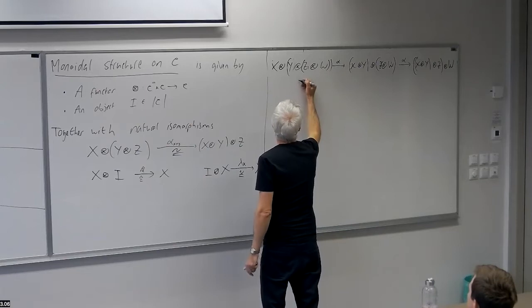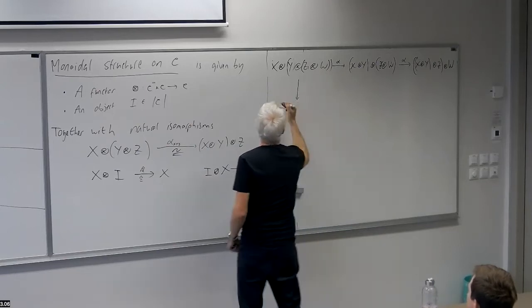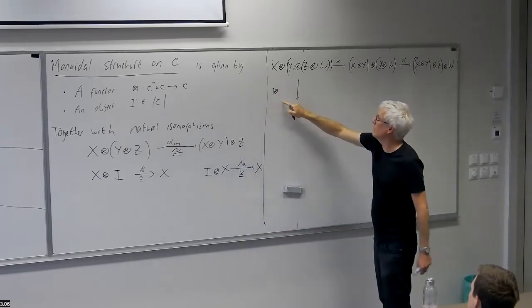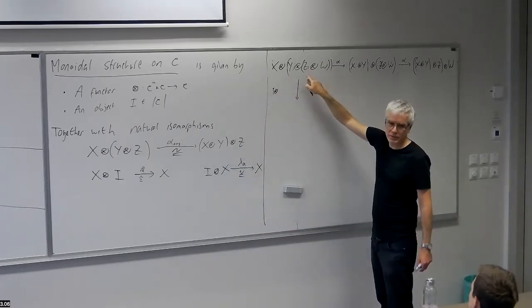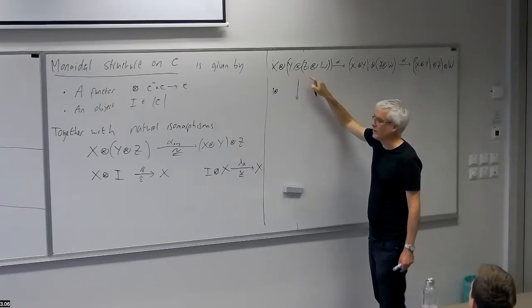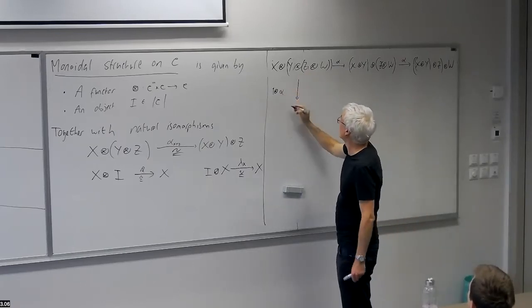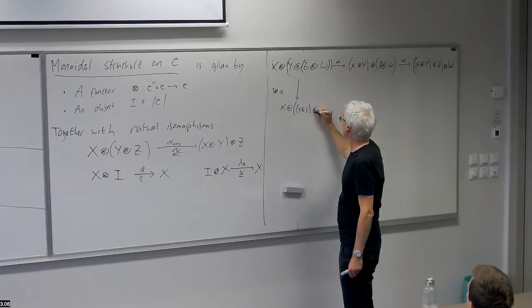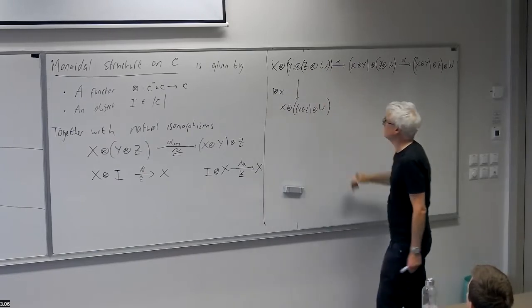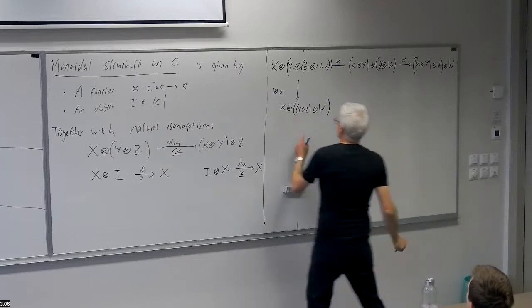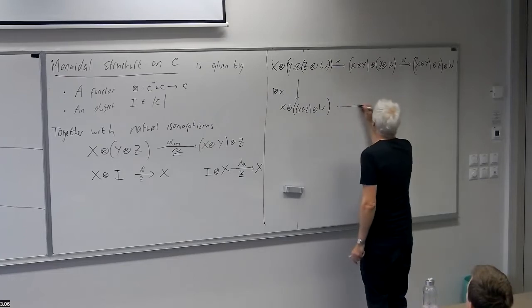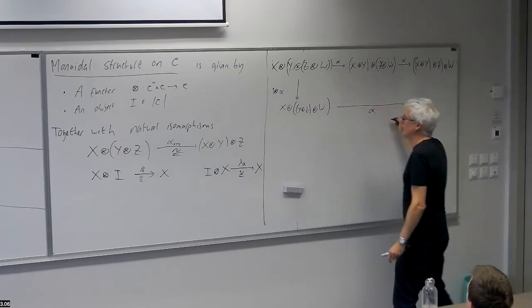But another thing we can do is, at this point, use the tensor functor with the identity on X and do the associativity thing in here. So here we do one tensor alpha, we get X tensor Y tensor Z, tensor W. And now, if we apply the associativity at this point, that will take us all the way over to something here.